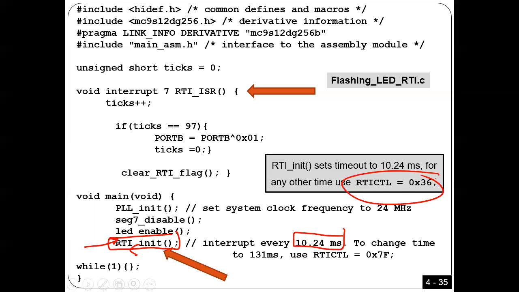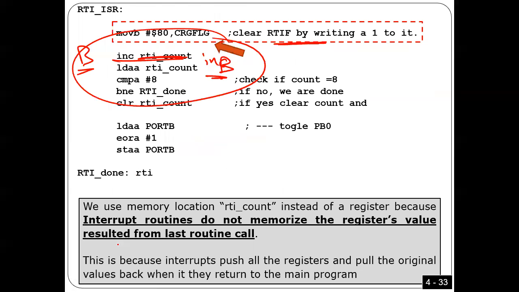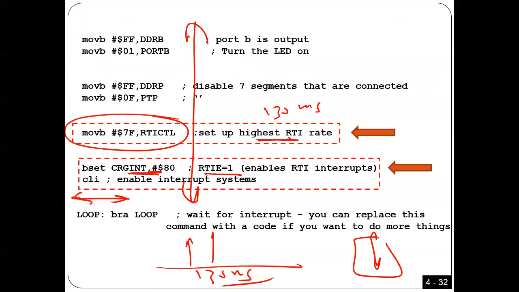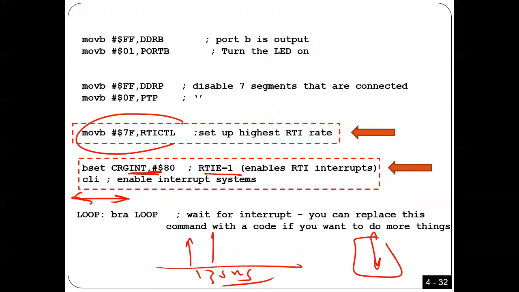Once you go inside, you will see an instruction exactly like this one, but with another number. Because 7F is used for 130 milliseconds, but this one is programmed for 10 milliseconds. So you can simply change this number to the number you like.